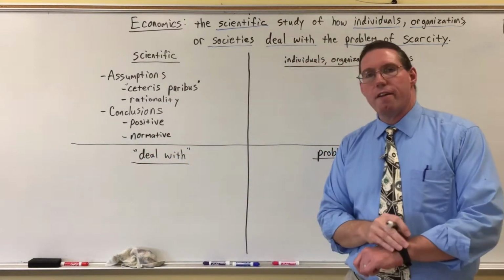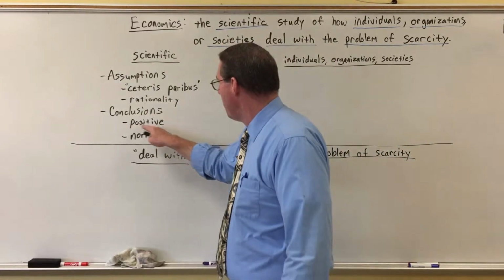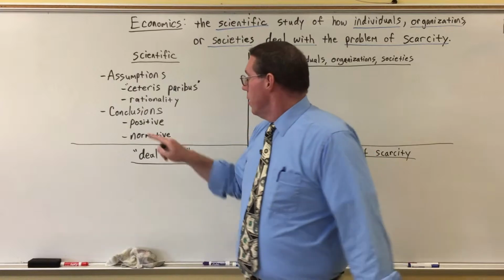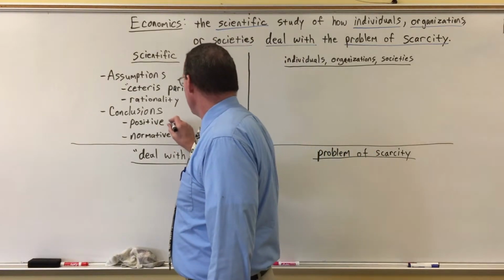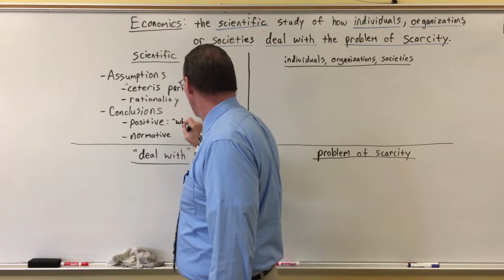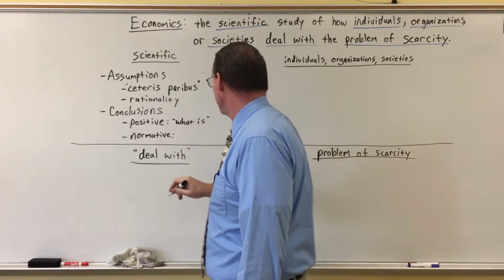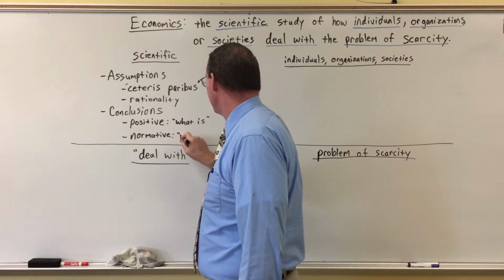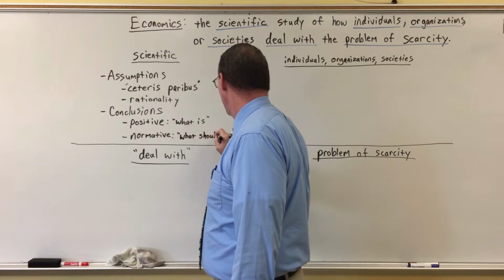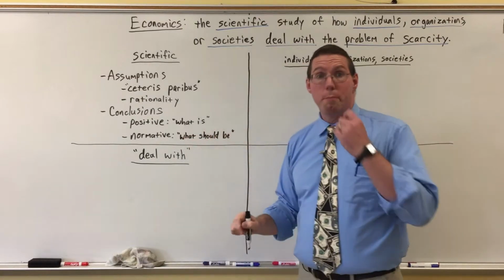And what we're going to try and focus on in this class is we're going to primarily focus on positive conclusions, not normative conclusions. Positive means what is. And normative conclusions are what should be. We are going to avoid the what should be conclusions.